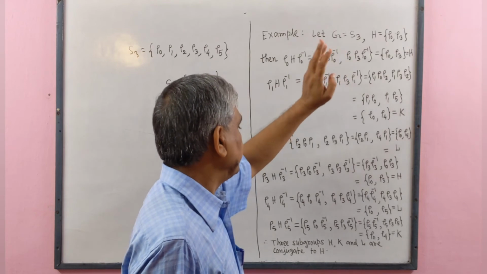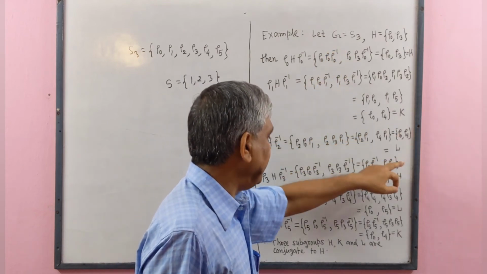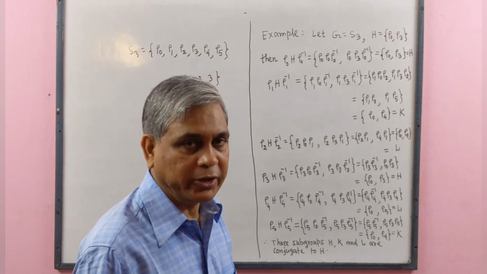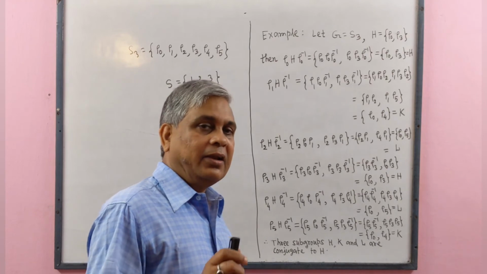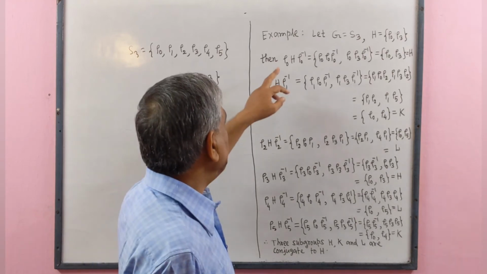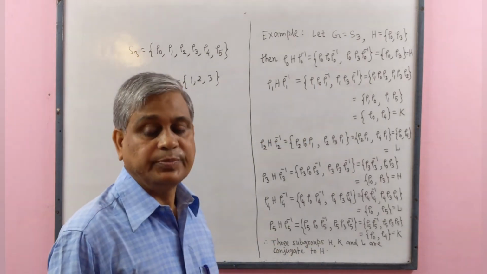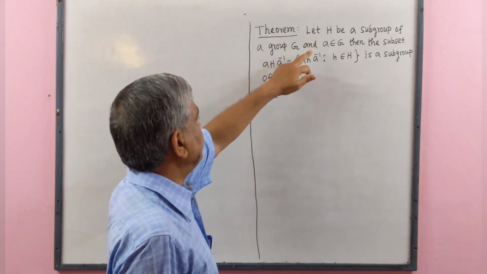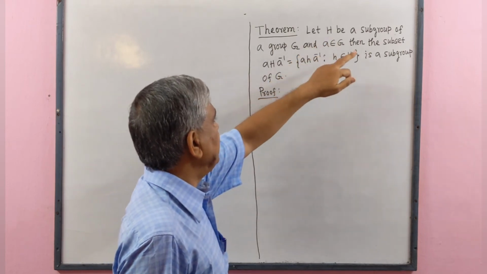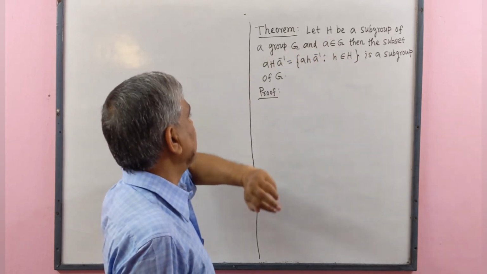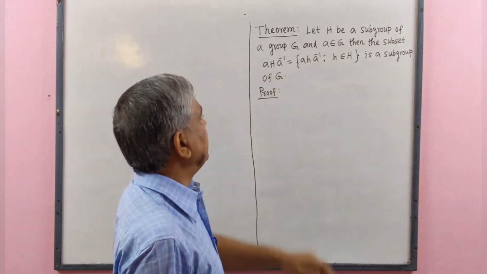H is a subgroup, but we do not know whether K and L are subgroups or not. Now we prove that the conjugate of a subgroup is a subgroup. Now we shall prove a theorem. Let H be a subgroup of a group G and a belongs to G.